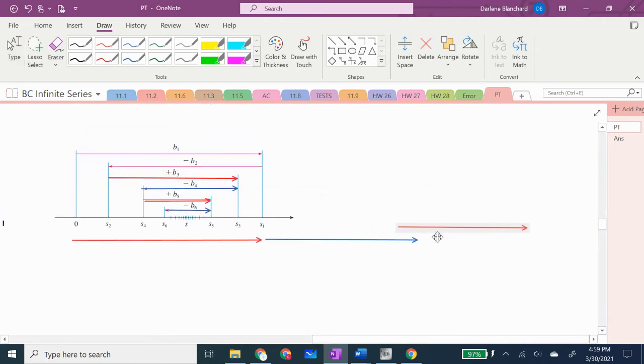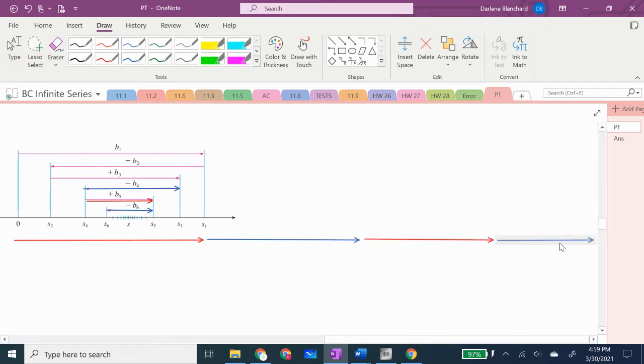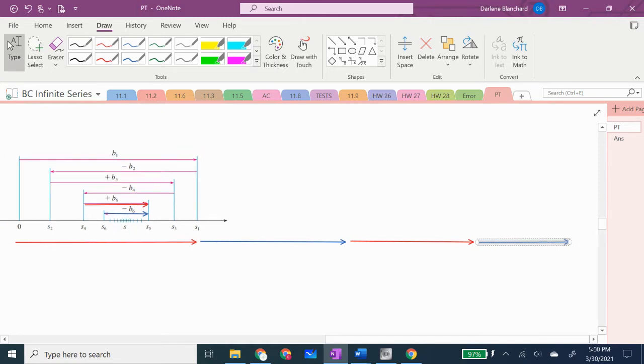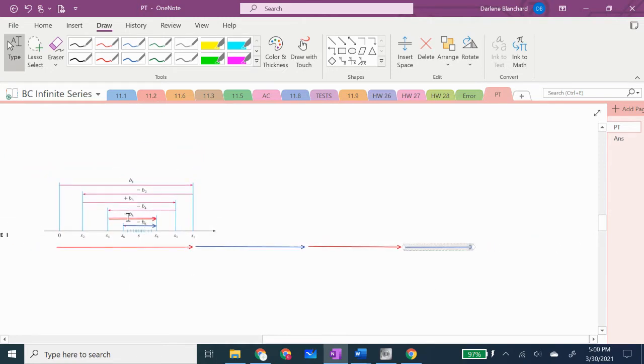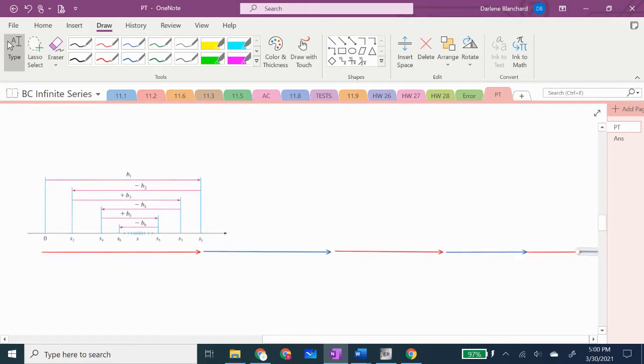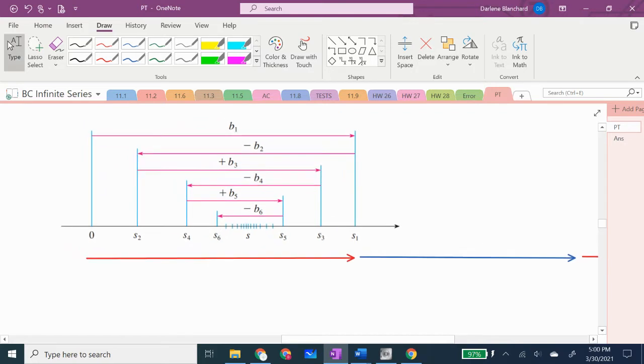Looking at the sum of all of these terms, now that I've changed the negative to positive, got to zoom out some more. Just these first 6 terms are taking me from 0 out to wherever this length is. However, when I was dealing with an alternating series, the sum of those 6 terms was only this distance.